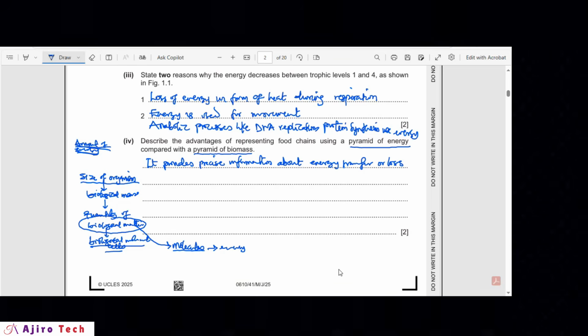Because it shows us the sizes of the organisms at the different trophic levels. It shows us how much energy.